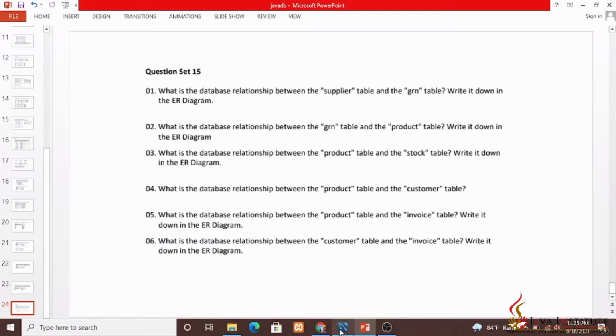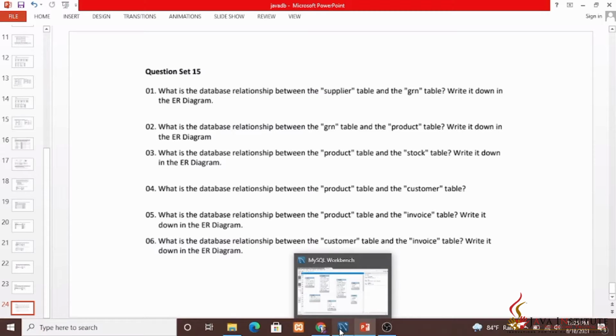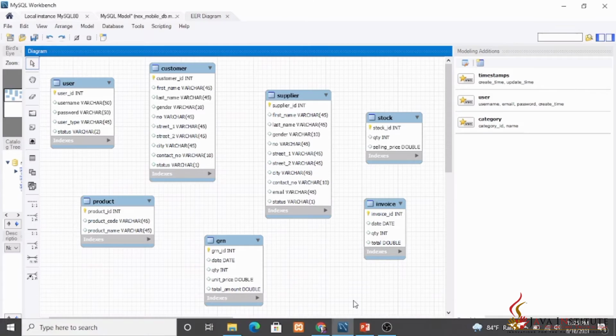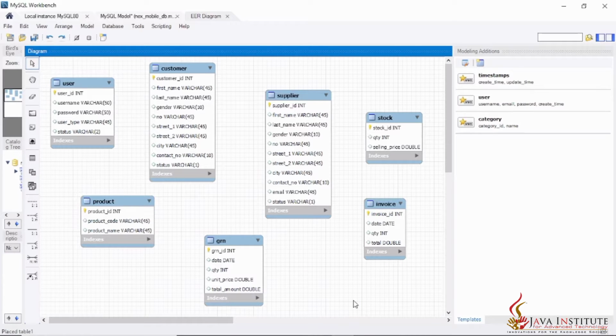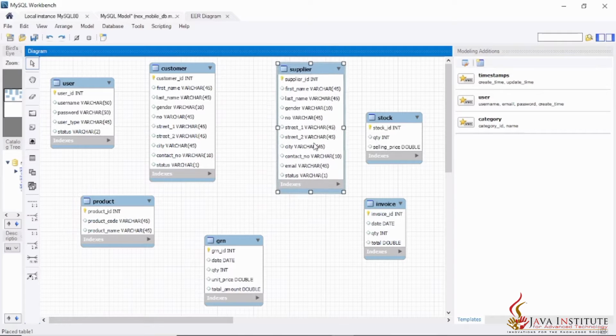So let's look at the ER diagram we have created up to now. Here is the supplier table and the GRN table. Between these two tables we have to create a relationship. A GRN is the goods receive note. So for a single goods receive note there can be many suppliers, but for a single supplier there can be only one goods receive note.